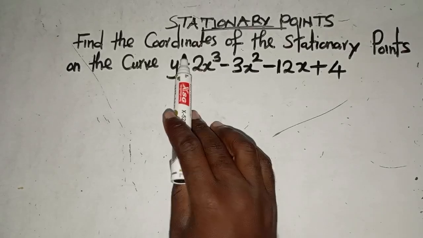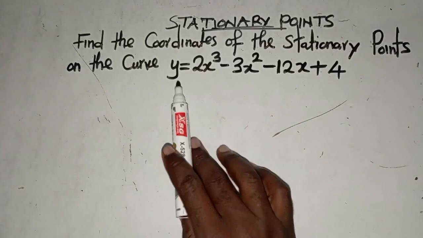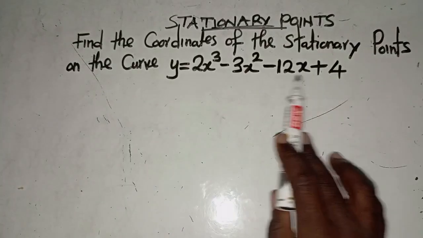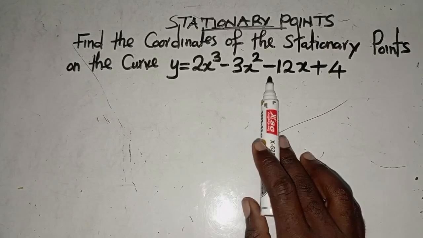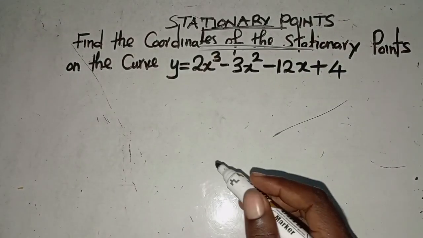Find the coordinates of the stationary points on the curve. This is a curve that we are given. So you are asked to find the coordinates of the stationary points.